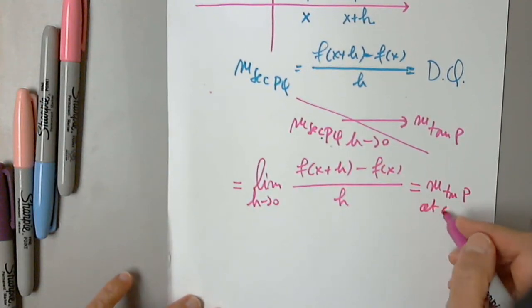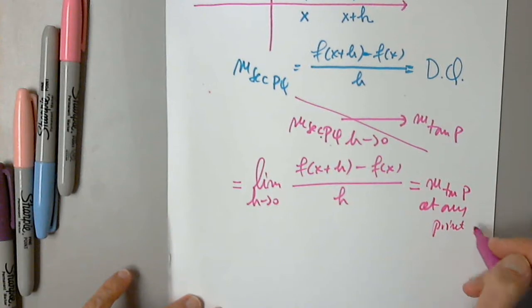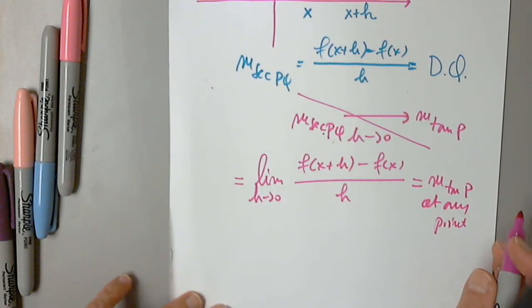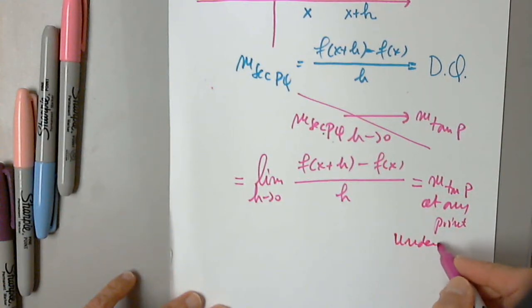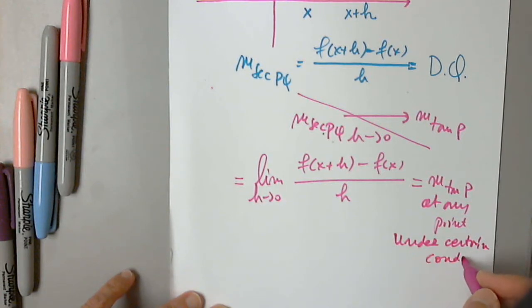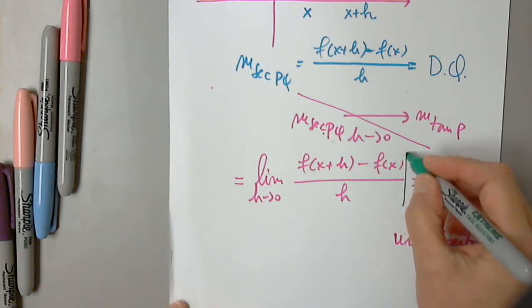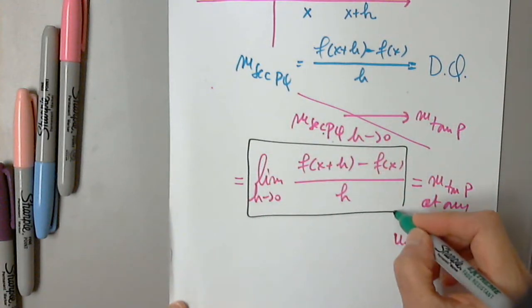At any point, there is a condition here. So at any point under, I'm not going to give the condition just this moment, under certain conditions. And I'll explain the conditions in about 5 minutes. This whole thing has a name.